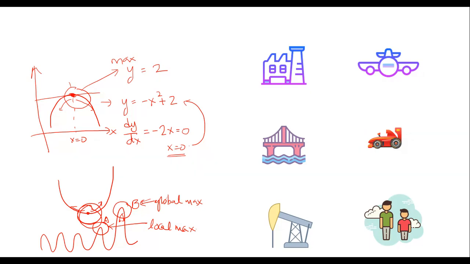So what types of problems use derivatives a lot? The first one is manufacturing problems. If you want to produce a particular product, you're not going to produce a product that has no demand. Or, you want to make sure your demand actually suits your supply.